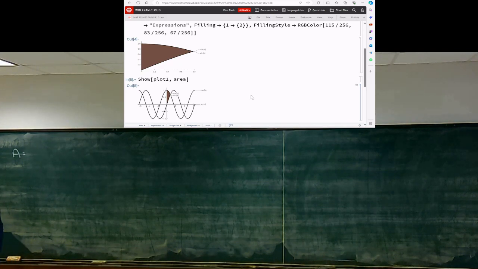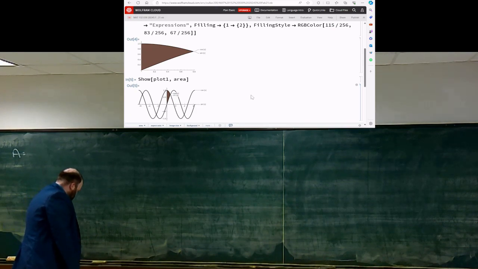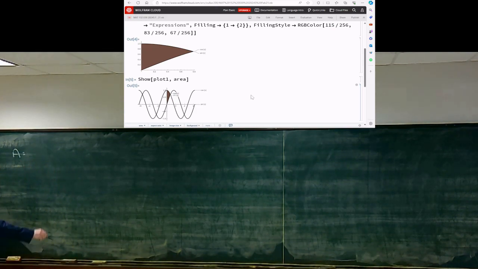First, we want the integral setup. It's going to be an integral. What's the lower limit? What's the upper limit? 4. So we integrate from 0 to pi over 4.